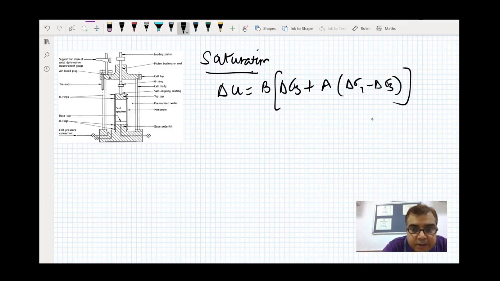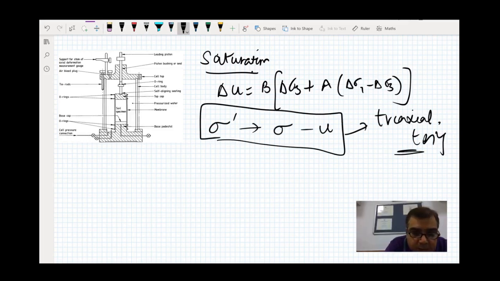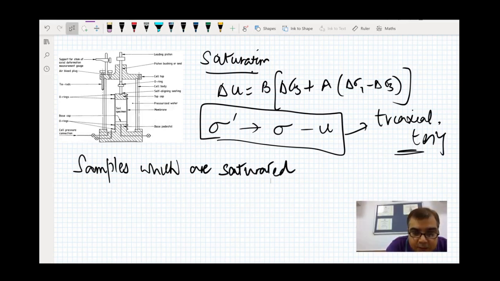Do recall, we are doing tests on saturated samples. To confirm that the samples are saturated, I need to check a certain B coefficient. That's the most important thing to know whether my sample is saturated.